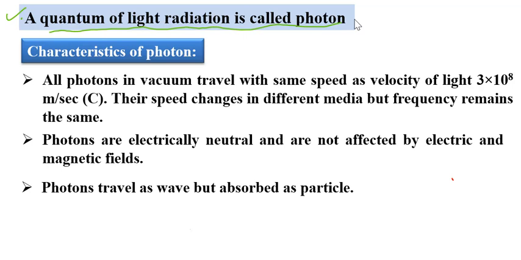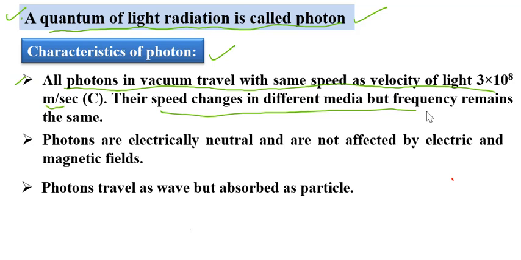Characteristics of photon: all photons in vacuum travel with the same speed as the velocity of light, 3 into 10 power 8 meters per second. Their speed changes in different media but frequency remains the same.